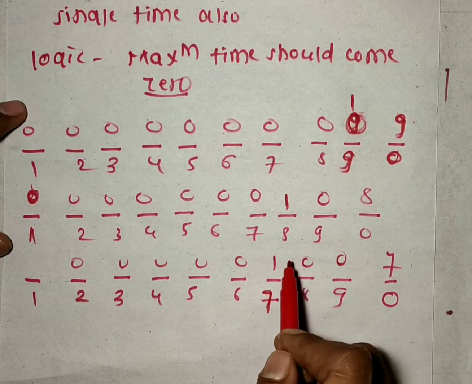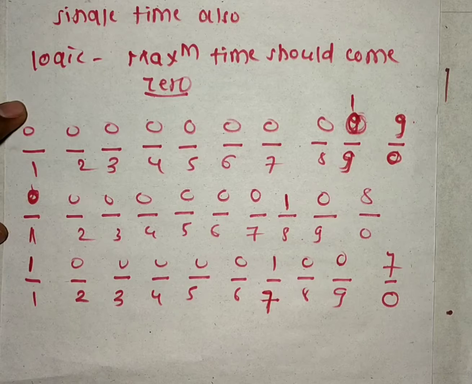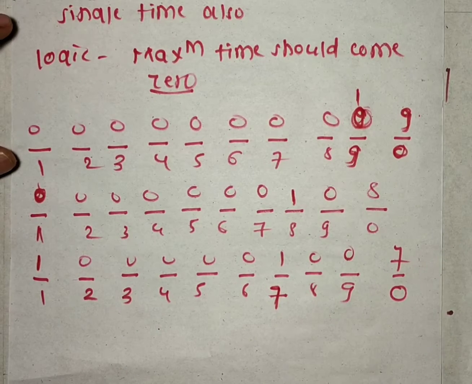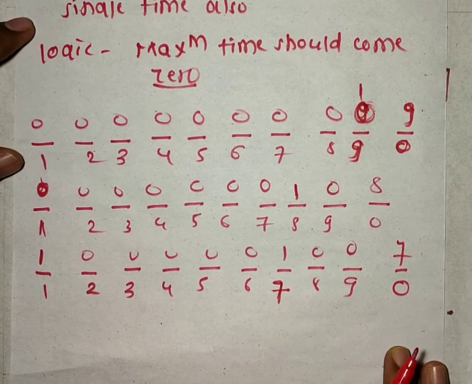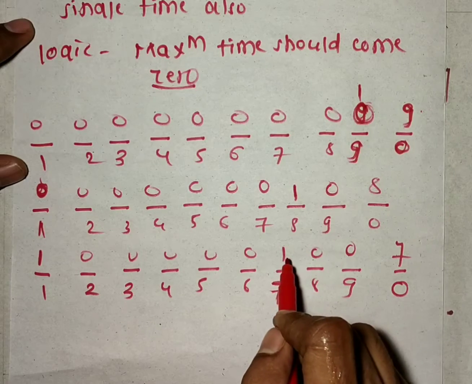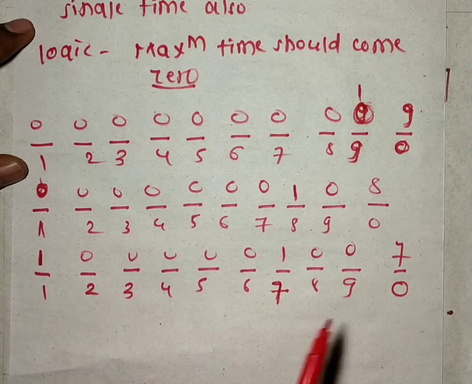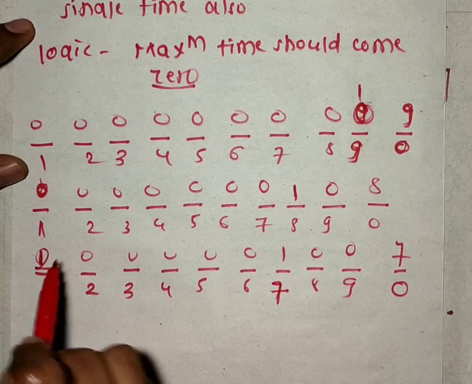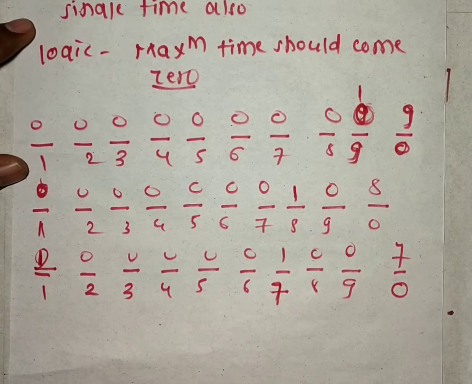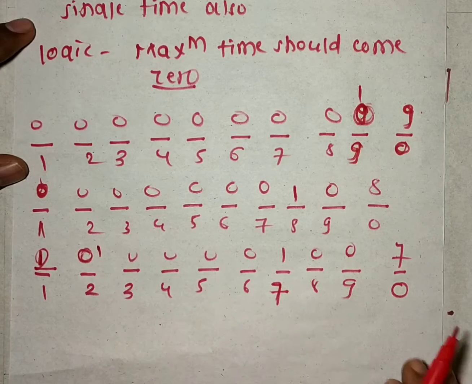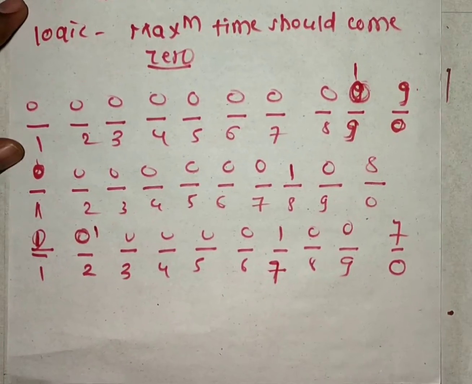But 1 I already wrote here, that's why 1 should come here. But now please look carefully. 1 is coming for the 1 time as I wrote, but 1 is actually for the 2 times. So I have to write 2 here. But again, the 2 I already wrote as 0 times. So 2 for the 1 time, but the remaining zeros will be 6, not 7. So this is not possible.